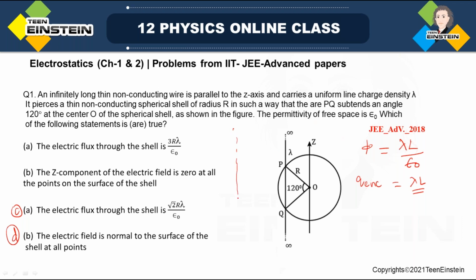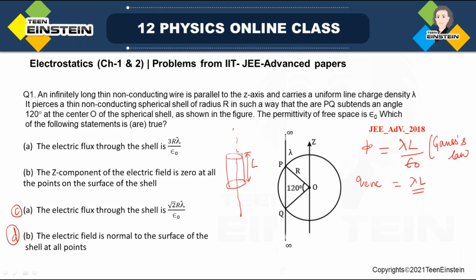Wire will be infinite, but this length is actually the length of the Gaussian surface if we apply Gauss's law. This is according to Gauss's law. So this L, this length, is actually the length, or height, of the Gaussian cylinder.